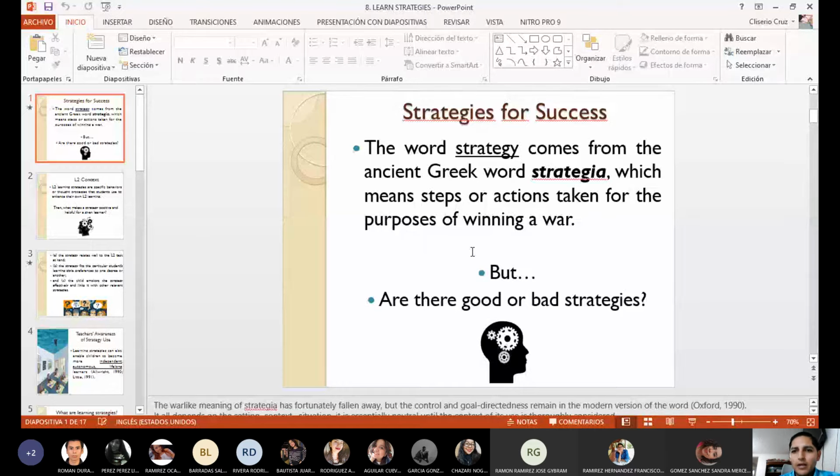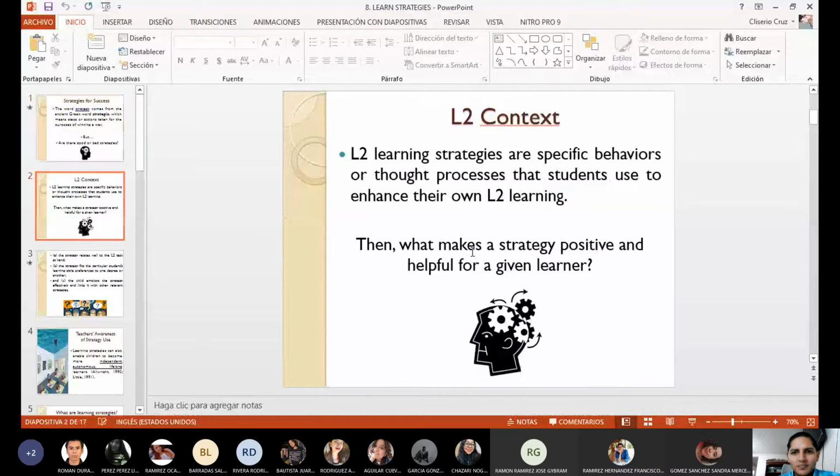And for the languages arena, for the languages scenario, a couple of researchers and scholars focused on personality types, learning styles, and L2, for foreign language and second language, both contexts, in order to create a classification.